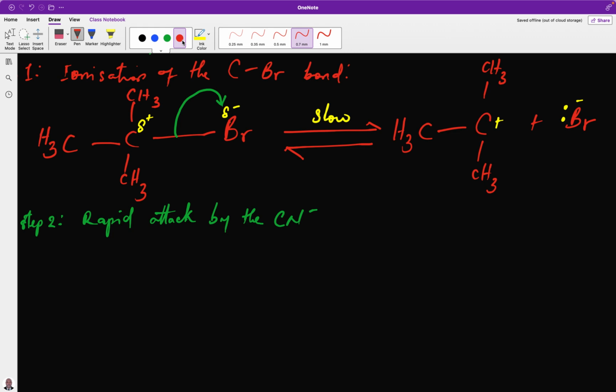The first step is ionization, by heterolytic fission. The bromide goes with a lone pair of electrons. A carbocation is formed. Now the second step is what? Because the carbocation is highly reactive, the cyanide now attacks the carbocation, donating a pair of electrons and forming a new bond with the carbon. And this is what is happening.